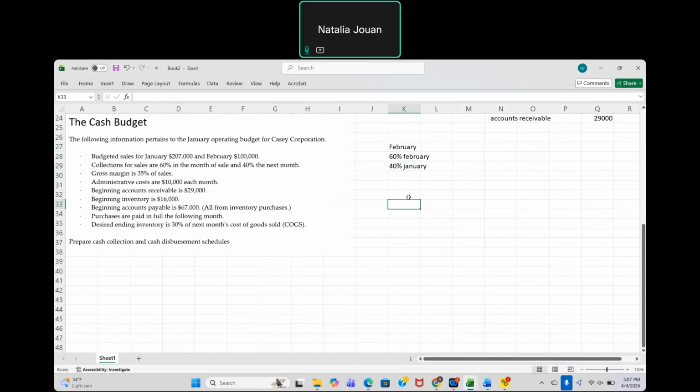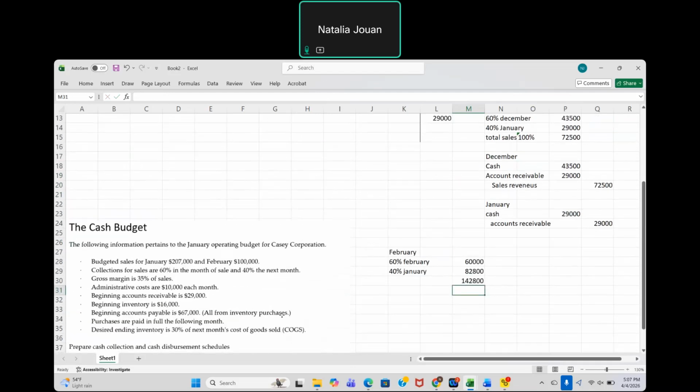Okay. So how much are we selling in February? 100,000. So this is 100,000 times 60%. In January, we know that we sold 207,000 times 40%. So total collections in the month of February are 142,800.